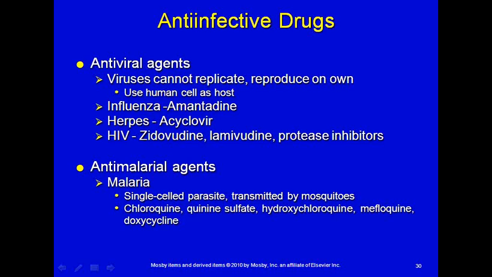Some of the more common viruses that we deal with in our society include influenza, which is the flu, and there is amantadine for that. Herpes, and here we're talking about herpes zoster, or shingles, and acyclovir is an antiviral agent for that.